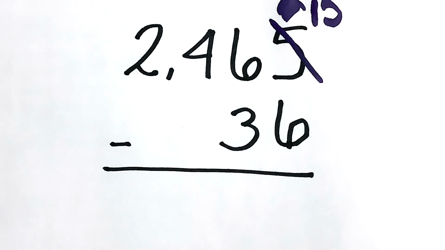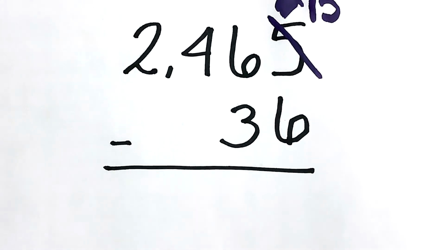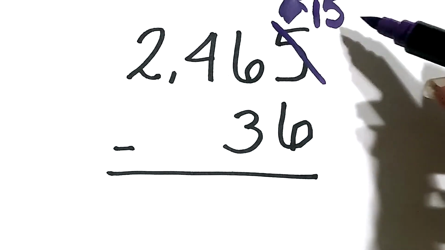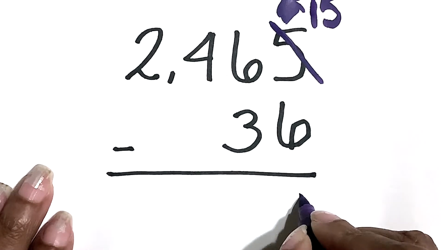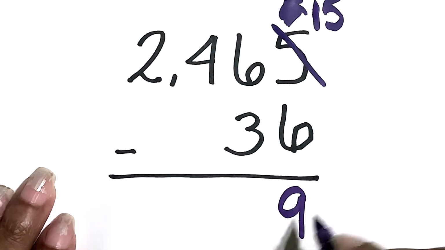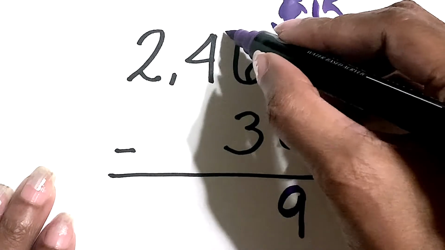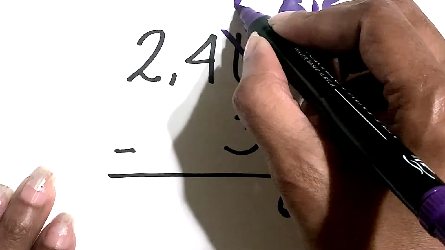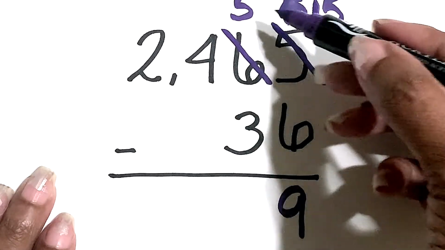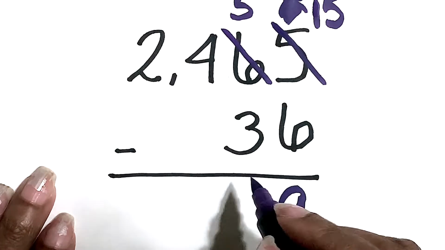Now we can subtract 6 from 15 because 15 is larger than 6. So 15 minus 6 is 9. And we're going to change the 6 into 5. So 5 minus 3 is 2.